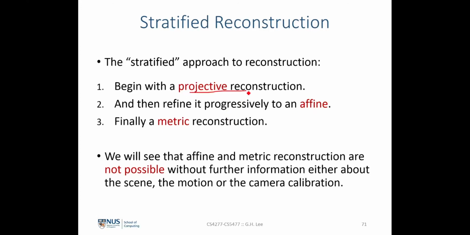We'll first remove the projective ambiguity and transform it into a reconstruction with an affine ambiguity. Then finally, in the second step, we are going to remove the affine ambiguity to recover the metric reconstruction. We will see that these two steps have to be done with some information from the scene.